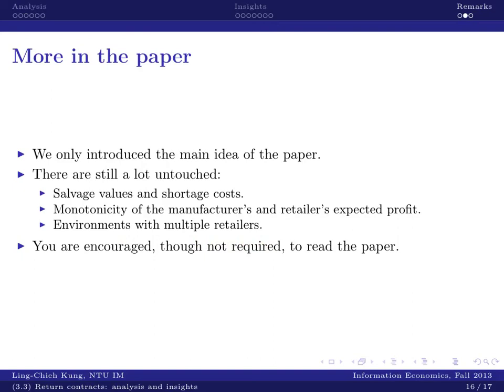I won't study or explain those parts for you. You are encouraged to read the paper by yourself. At the minimum level, you just need to know what I have covered in these lectures. But if you are able to read the paper, then you are going to get more. It is always the case that the more effort you put into one thing, the more you are going to earn.